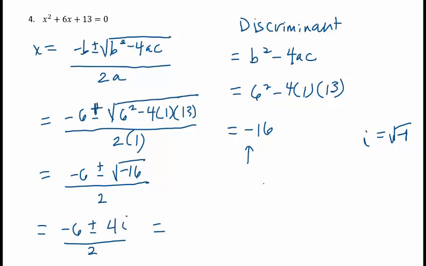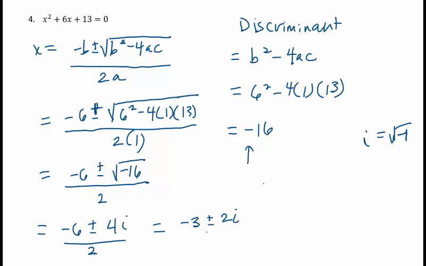And then lastly, 2 goes into negative 6 negative 3 times, plus or minus, and 2 goes into 4 2 times, and don't forget the i. So negative 3 plus or minus 2i are the final answers.